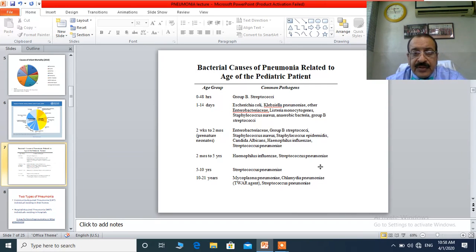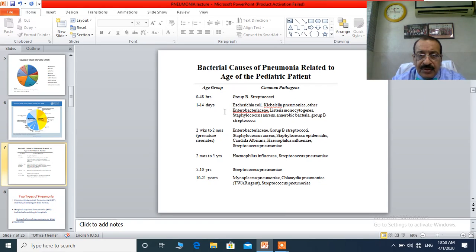As far as the etiological agents of pneumonia are concerned, they vary with the age of the patient. In early onset sepsis, that is within the first few days of life, the most important organism is group B streptococcus.